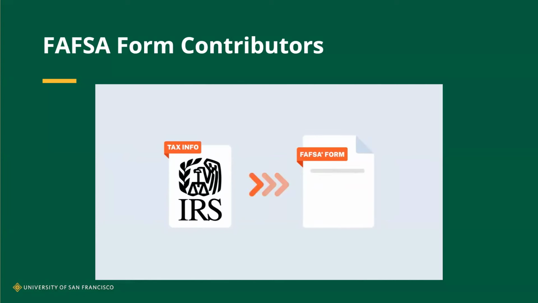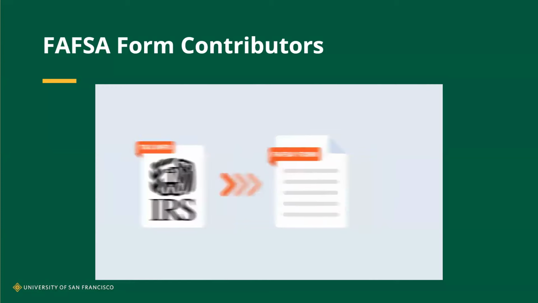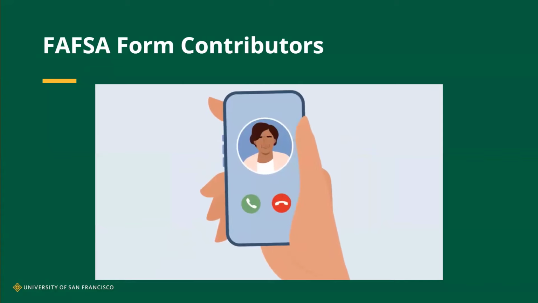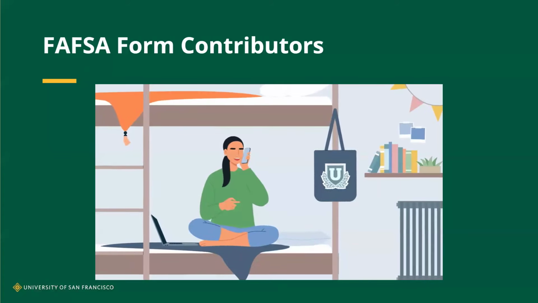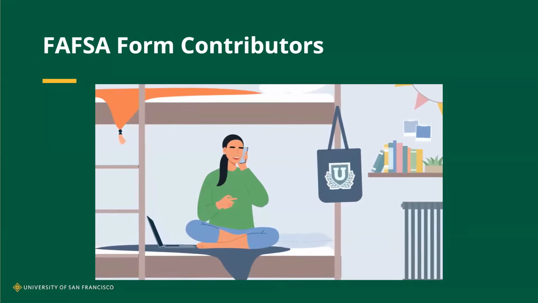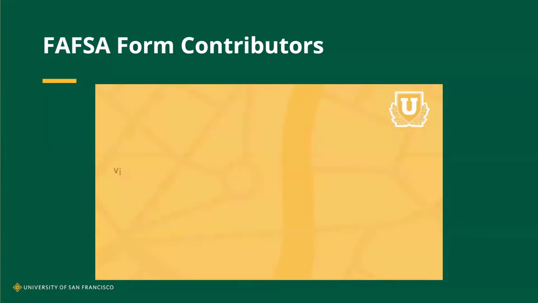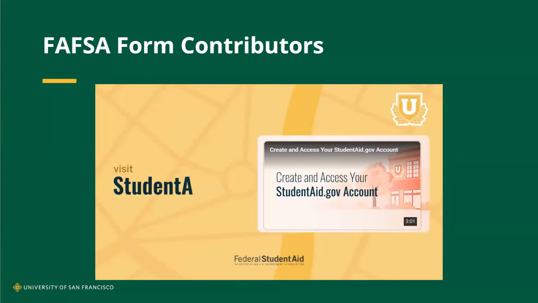If consent and approval are not provided, you will not be eligible for federal student aid. Have conversations with family members who may be identified as a contributor to make sure they understand their role and to avoid any issues when completing your FAFSA form. To continue preparing for the FAFSA form, check out our next video in this playlist to learn how to set up your studentaid.gov account.